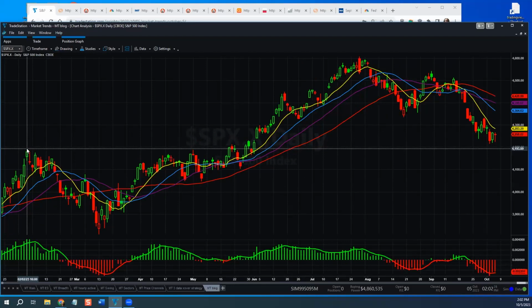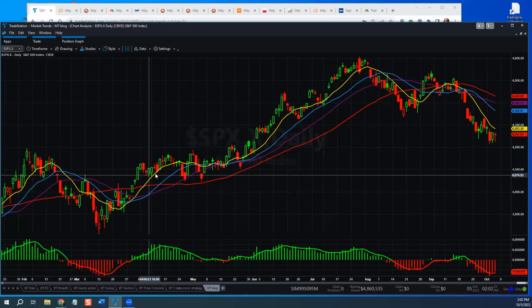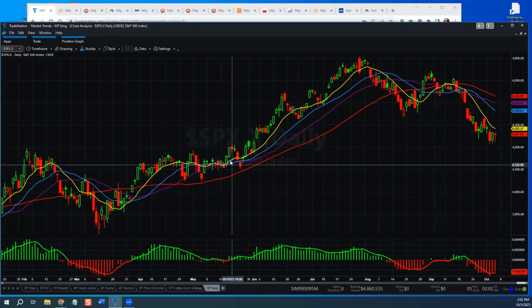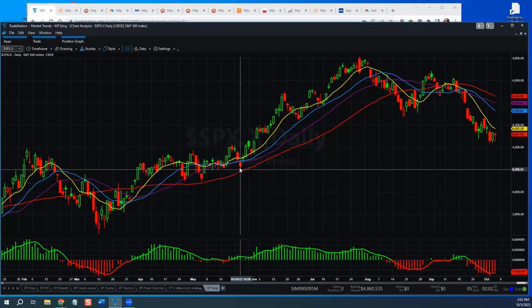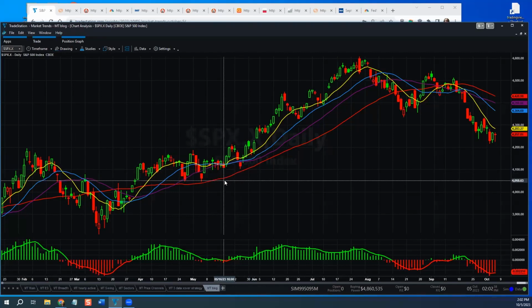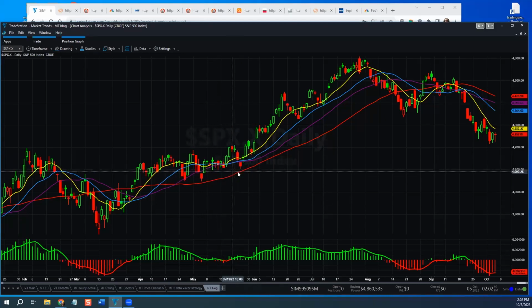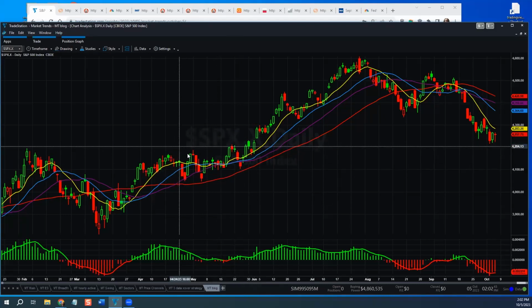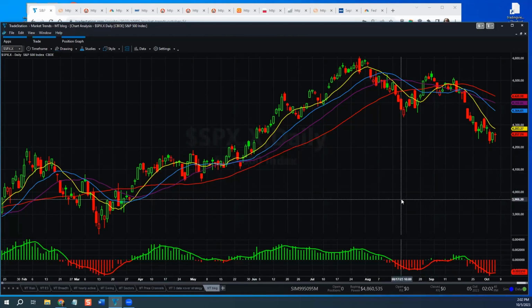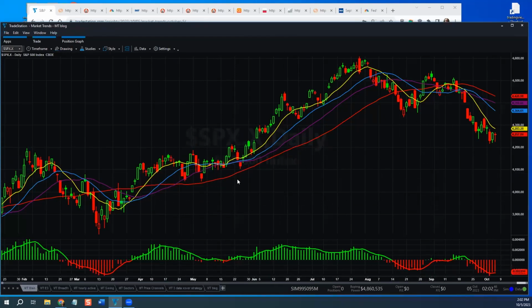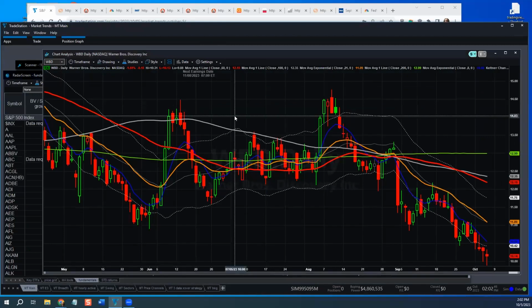So if you're looking for support, you might need to look deeper toward 4,100. This was a nice level where we bounced right at the end of May. Below that, we had another 50 points down. So we have to realize there's really no clear support here. I don't have it on this chart, but the 200-day moving average is also kind of right below us.